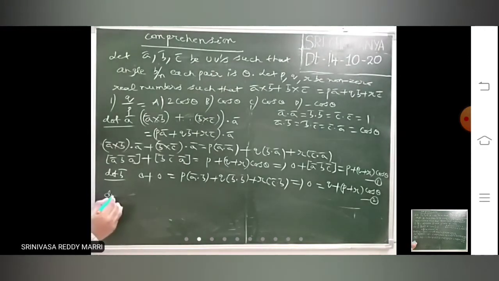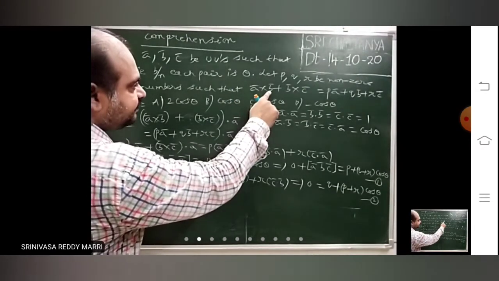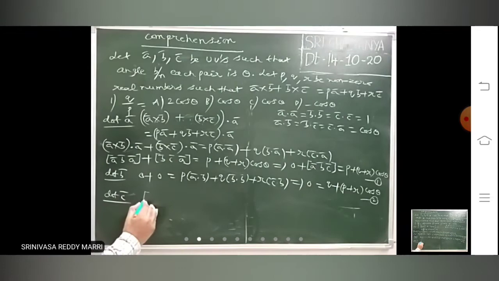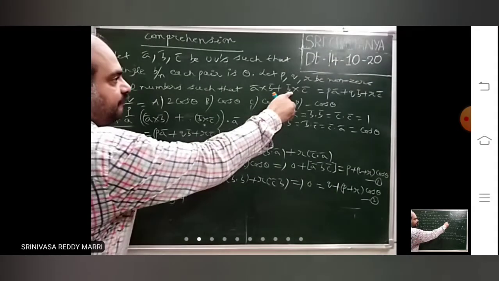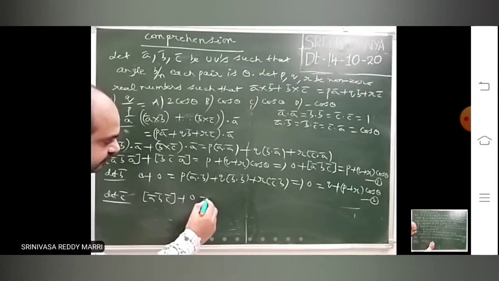Similarly, dot with C bar. Here A cross B dot C plus B cross C dot C, two are identical, 0.